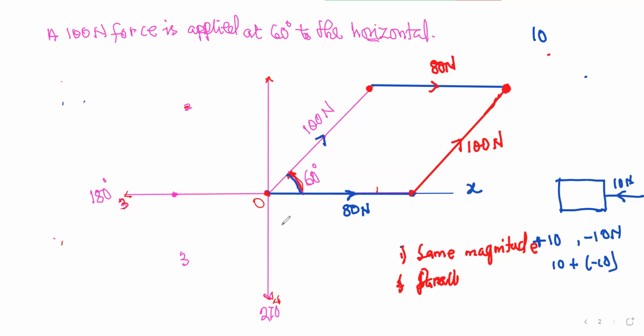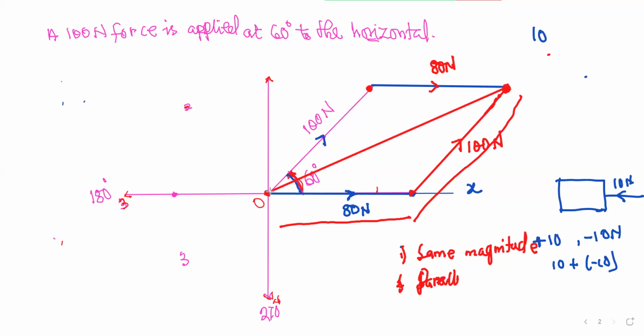Somebody says move from here and then continue your journey from here. Somebody can also tell you, instead of going through that distance, why don't you start from here and then move along the diagonal? You get to the same destination.